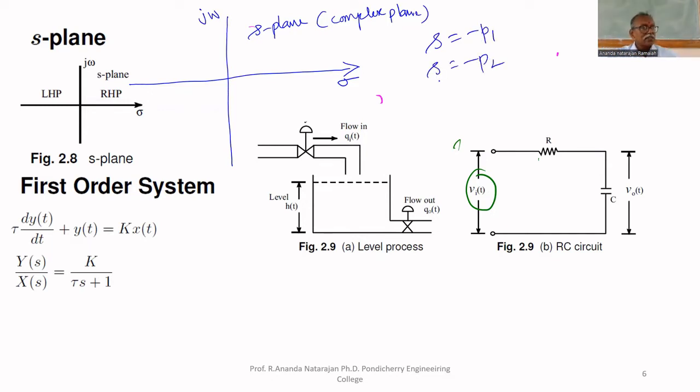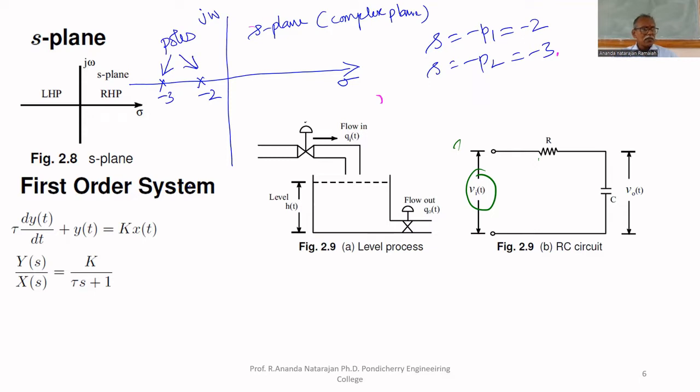For that second order example system, the roots of the denominator are minus P1 and minus P2, say minus 2 and minus 3. If you plot in this S-plane, minus 2 will be here and minus 3 will be here. So these are all poles of the system.